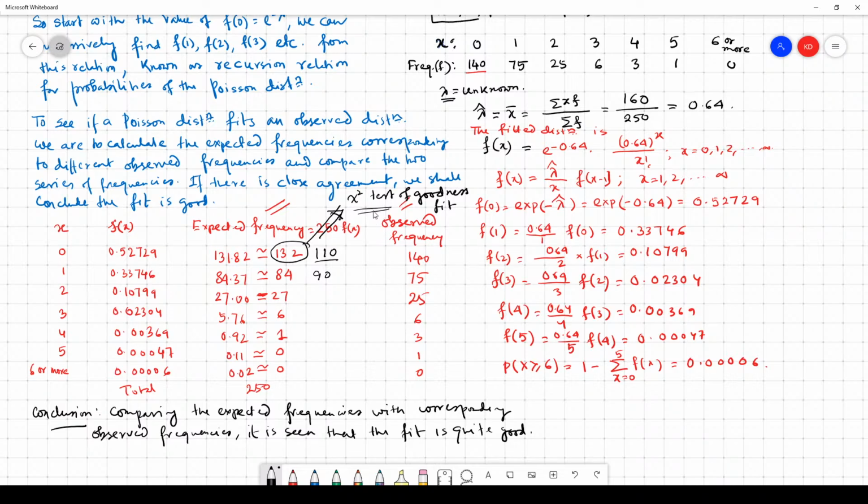But in my discussion today, I do not discuss this part. You learn this after, I think in third semester, sixth semester, maybe sixth semester.